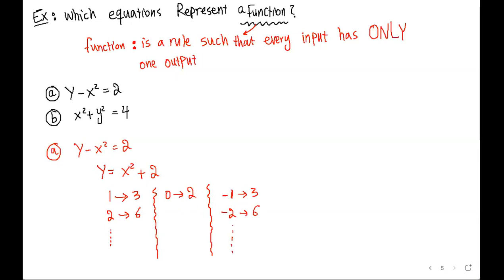Now look, every input has only one output. The 2 gives me 6 only. The minus 1 gives me one output, 3. It did not give me 3, 4, 6, 7, whatever. It gives me only 3, one number. The minus 2, the same thing, gives me 6. The 0 gives me 2. This means this equation satisfies being a function.